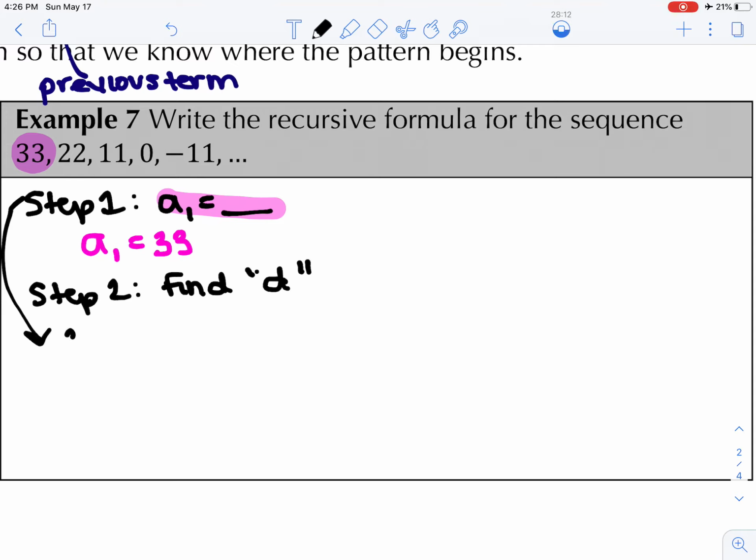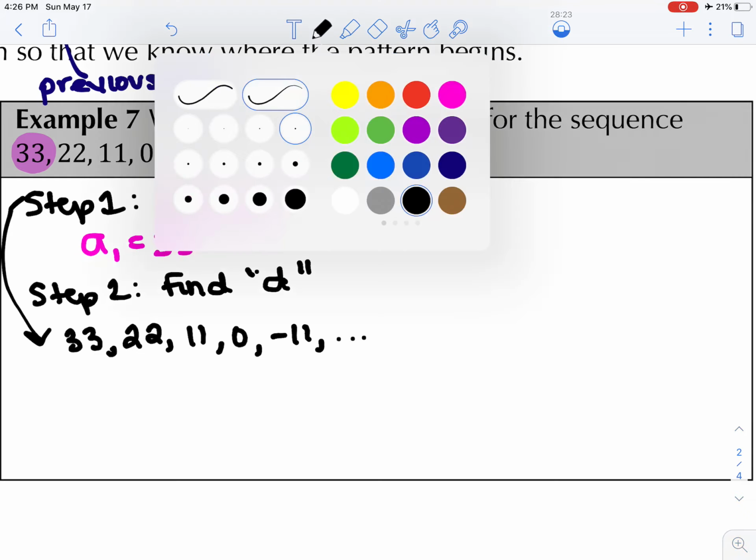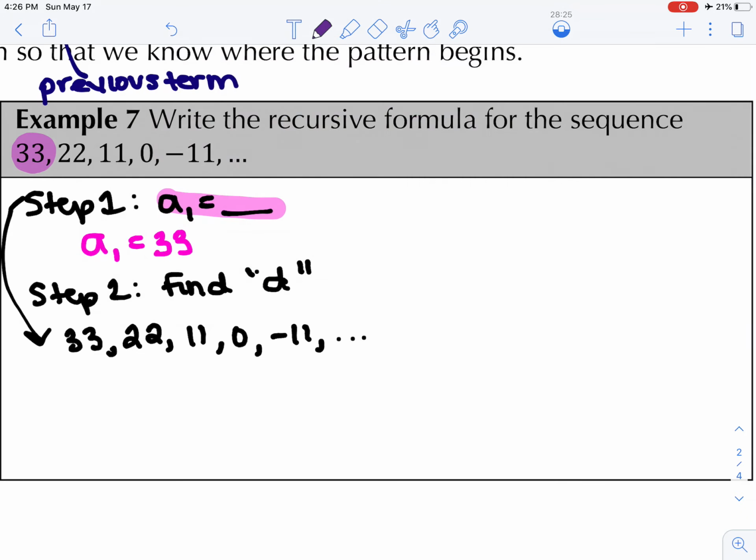Sometimes I think it's helpful to write out the sequence just to help your brain pick up on the pattern, but some of you might not need to do that, and that's totally fine. In either listing out or studying this sequence, I can see that my common difference is negative 11. If I subtract 11 from each of the previous terms, I land at the next term.